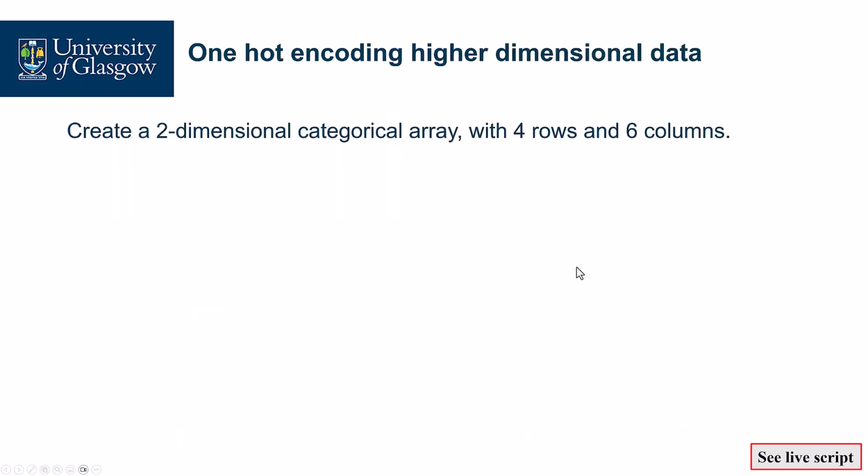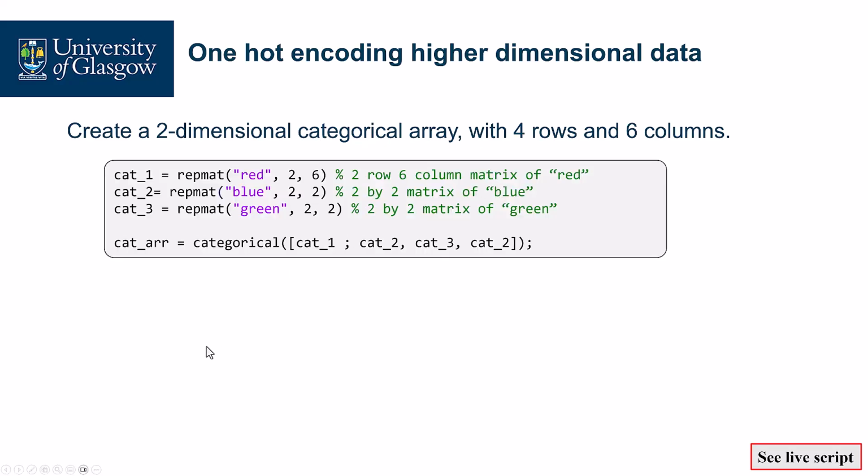So when the data is more than 1-dimensional categorical array, what will we do for higher dimensional data one-hot encoding? So let's see. We first create a 2-dimensional categorical array, so 4 rows and 6 columns. So we can see with red, blue, green, I use the repmat function that we have talked about 2 weeks ago, right?